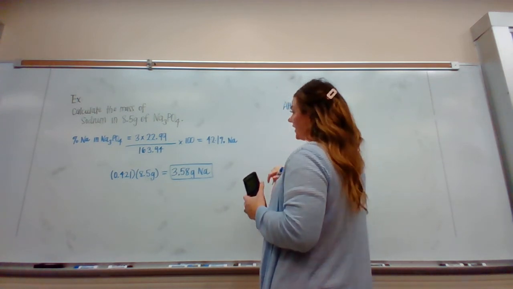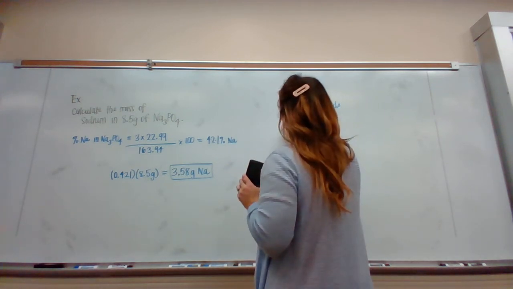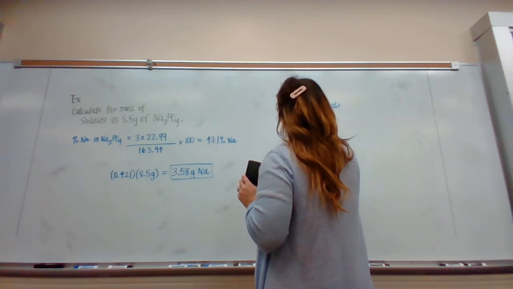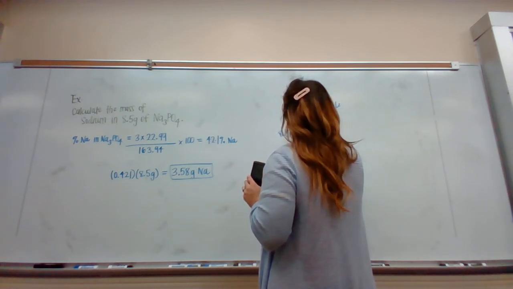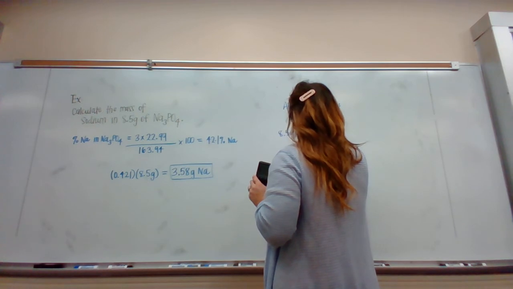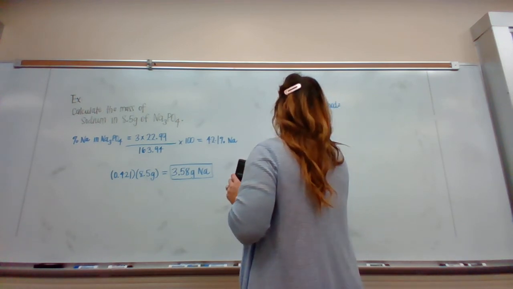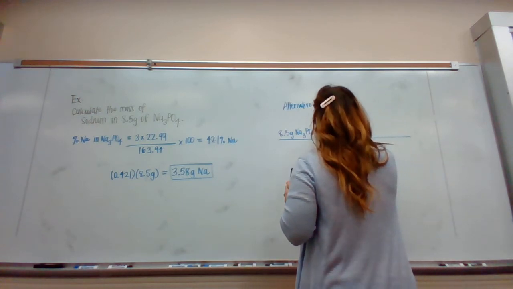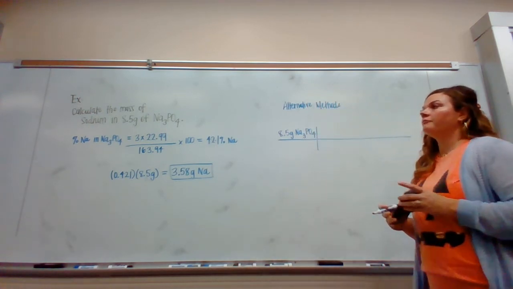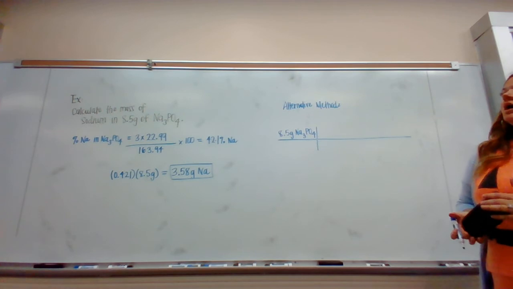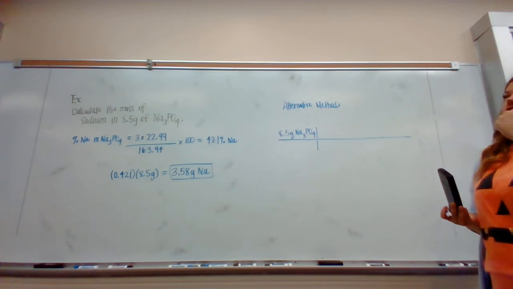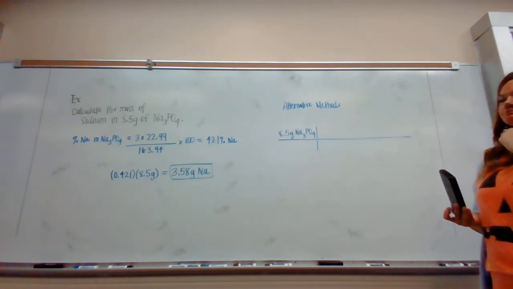So the other way you could work it is you could start with what you're given, 8.5 grams Na3PO4. I need to get to just grams of sodium.